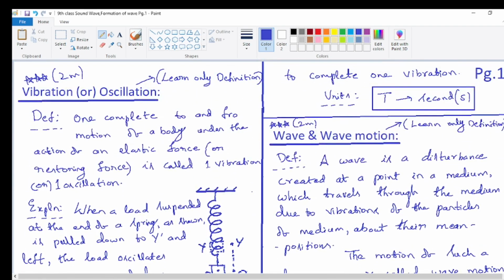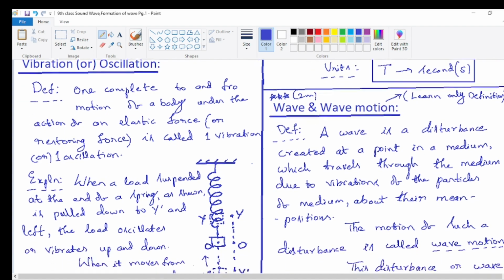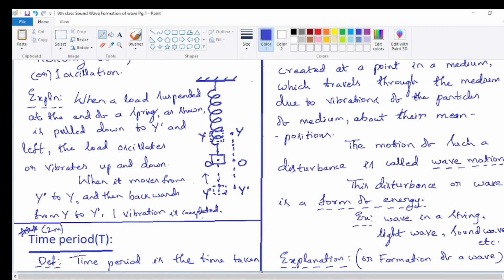Next the right side page. I have provided this clearly: learn only the definition. Explanation is only for the sake of understanding; once you read the explanation, that's sufficient.